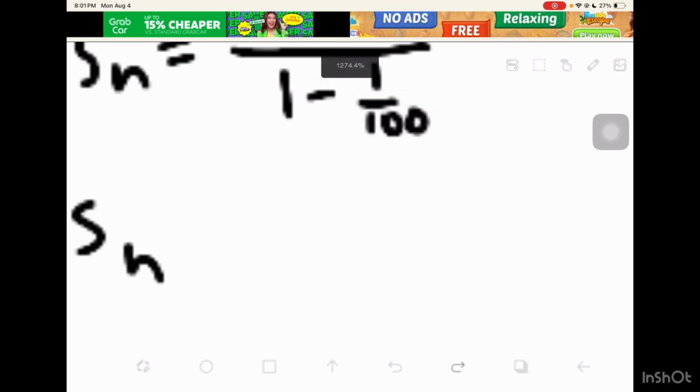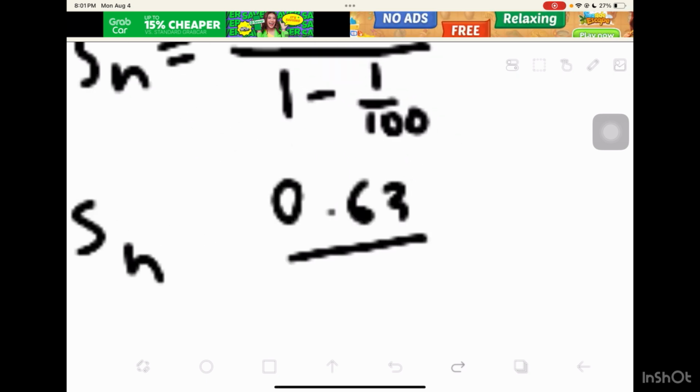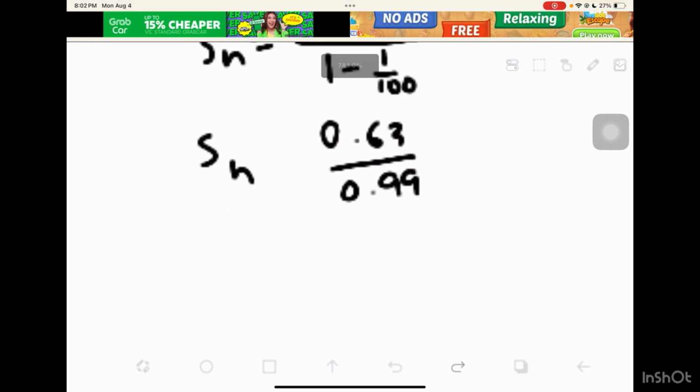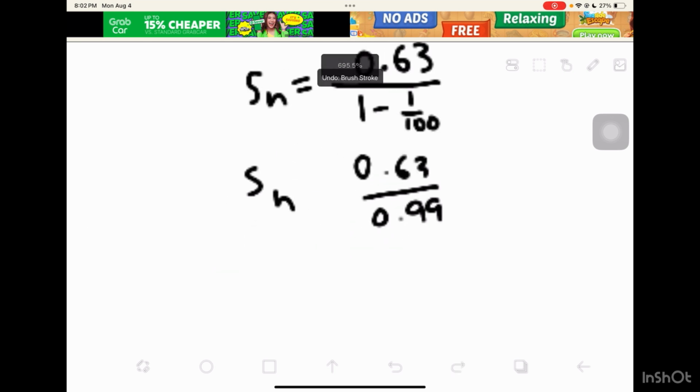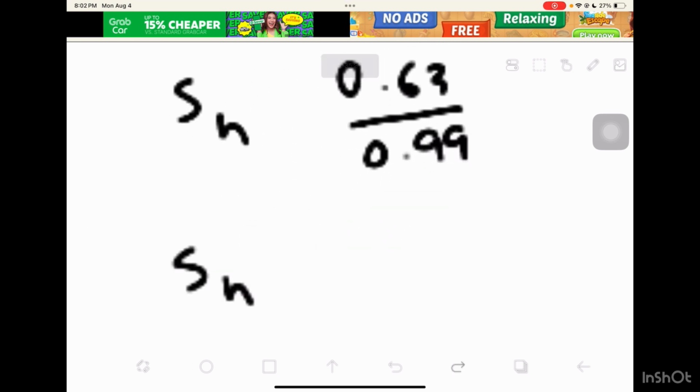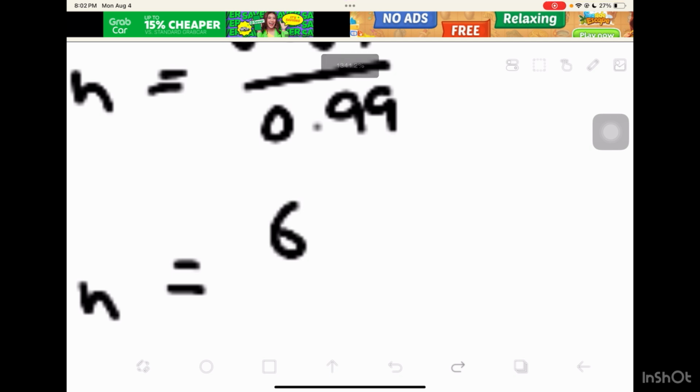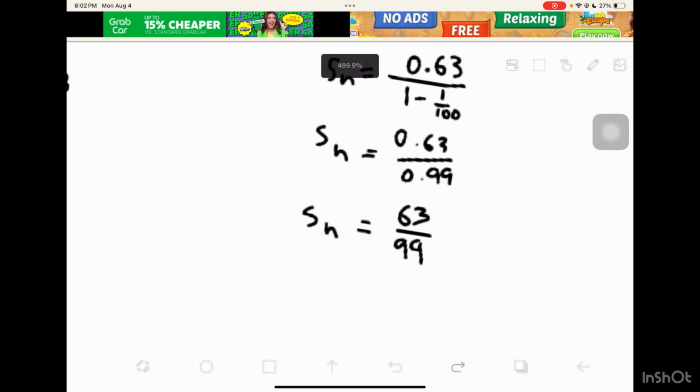So that's equal to 0.63 over 0.99. But we want to eliminate the decimal point, so we times it by 100. Because as you could see, to eliminate the decimal point, we want 1, 2, so ones, tens, hundreds. So S of n is equal to 63 over 99. And that's the answer.